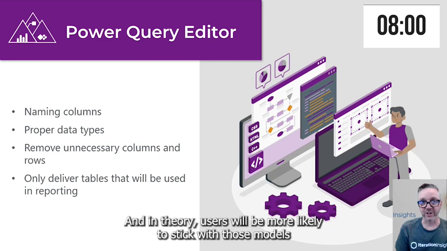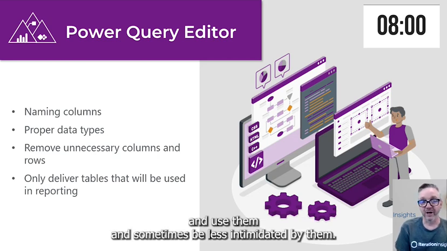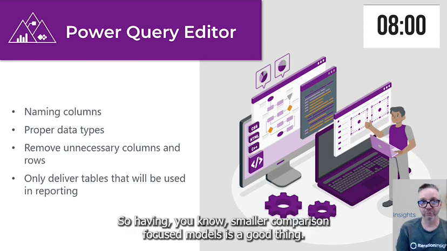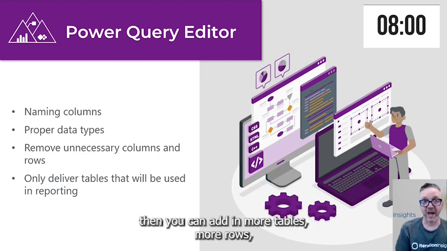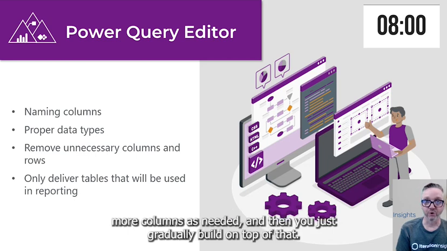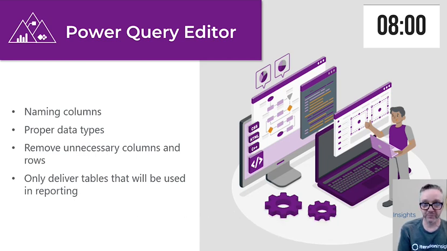In theory, users will be more likely to stick with those models and use them, and sometimes be less intimidated by them. So having smaller, compact, and focused models is a good thing. Then as users get comfortable with what you're doing, you can add in more tables, more rows, more columns as needed, and gradually build on top of that.